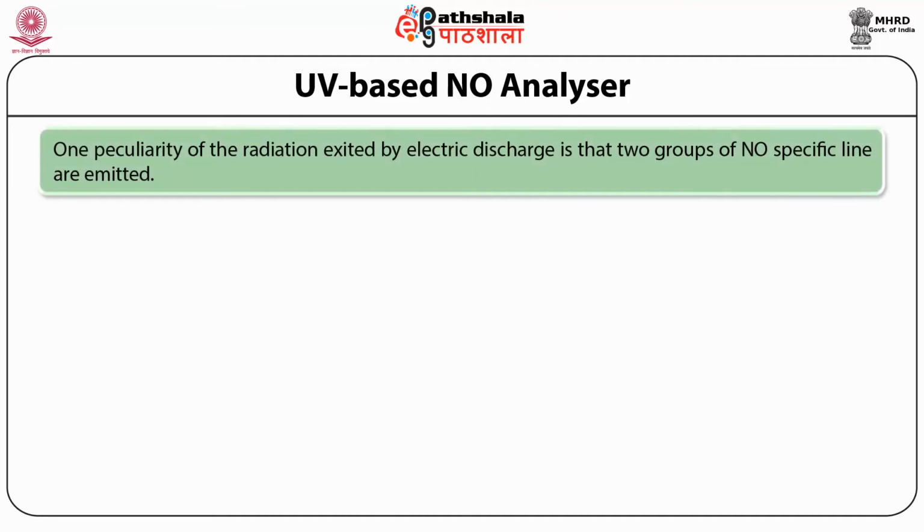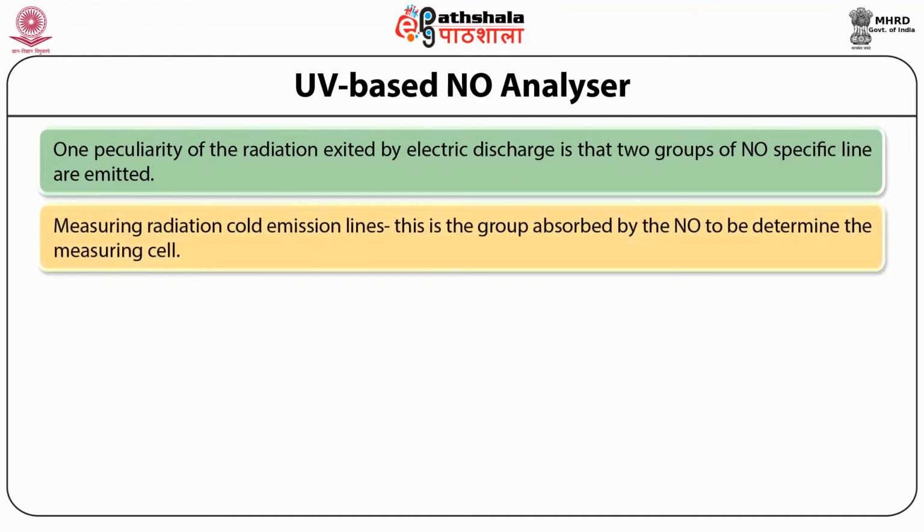One peculiarity of the radiation excited by electric discharge is that two groups of nitric oxide specific lines are emitted. The measuring radiation, the cold emission lines, is the group absorbed by the nitric oxide to be determined in the measuring cell.